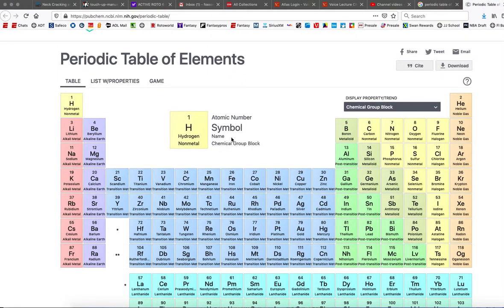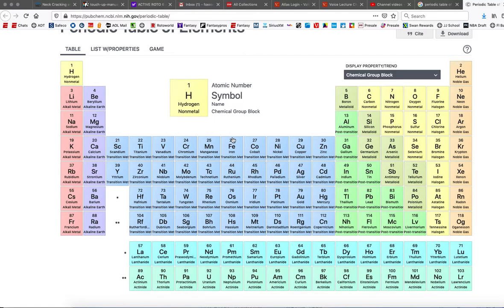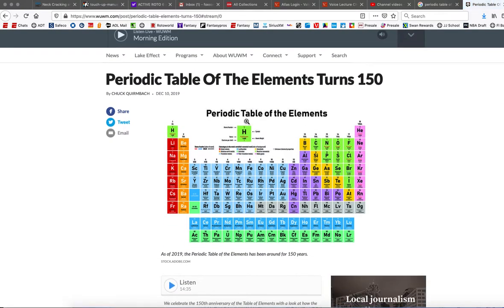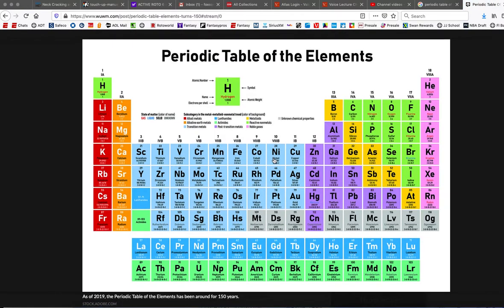Yes, okay, so look at this one. All right, so for example, then this is not showing us an atomic mass. Nope, this is not going to work. I need atomic mass. There we go. Okay, cool.